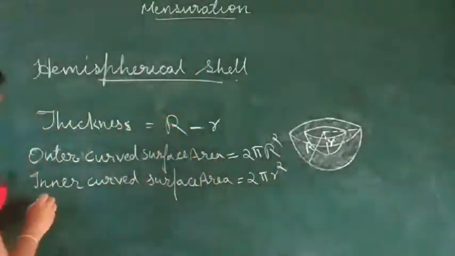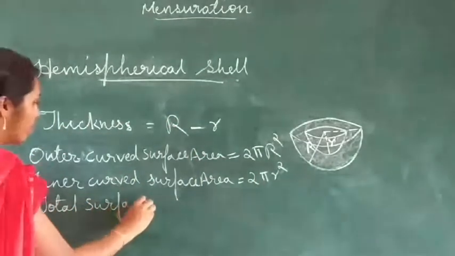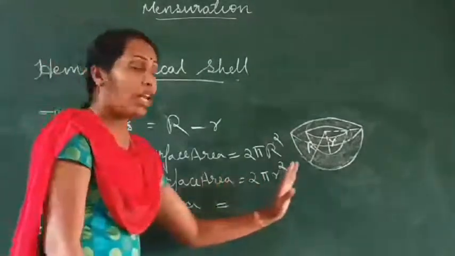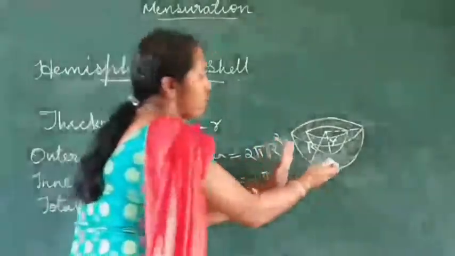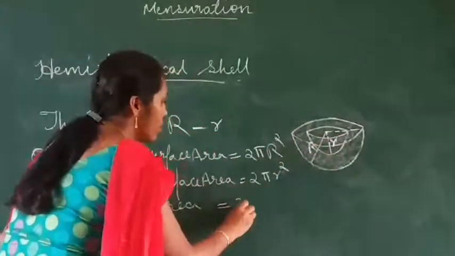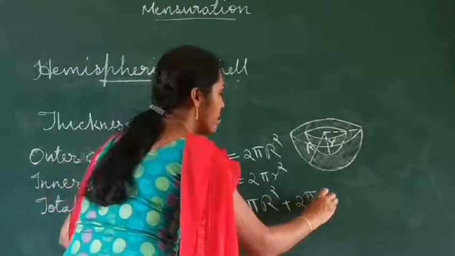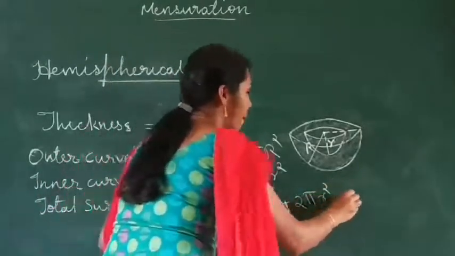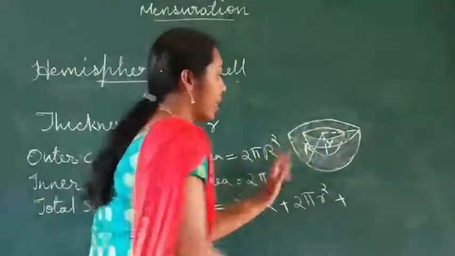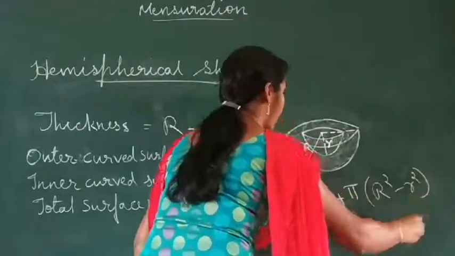Now total surface area is equal to area of all the three surfaces, that is outer curved surface area, inner curved surface area, and the plane area, that is 2 pi capital R square plus 2 pi small r square plus the area of the portion between two concentric circles, that is equal to pi into R square minus r square.